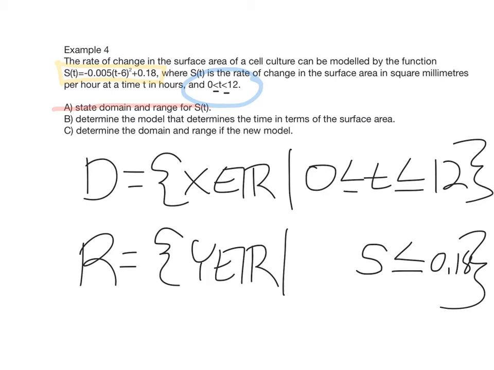The smallest amount is the limit on the surface area. Now for us, that would be 0 because you can't have a negative surface area. So 0 is less than or equal to s, which is less than or equal to 0.18. And I am noticing now, please bear in mind that I've used x and y here. I should actually be saying t is an element of the real number system and s is an element of the real number system.